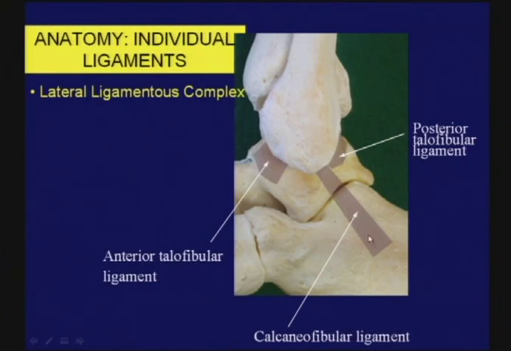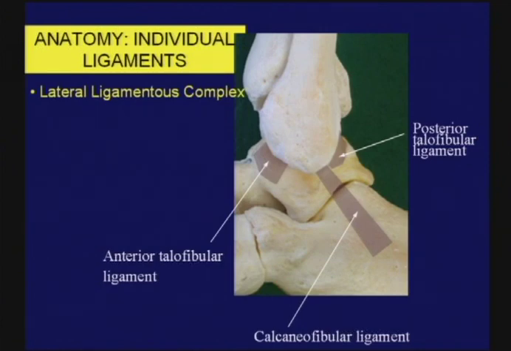When I was in medical school, I learned a rule that if you're dealing with injuries of the lateral ligaments, the calcaneofibular ligament was almost never injured alone, that the injury began with the anterior talofibular and proceeded to the calcaneofibular. And that is true for injuries of the ankle.